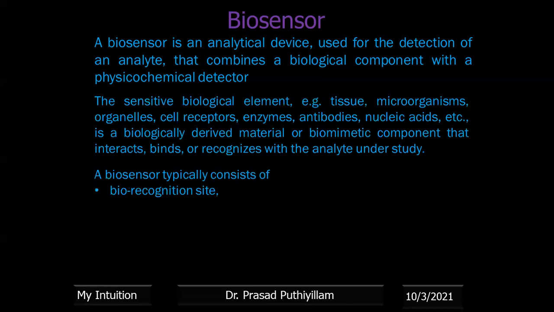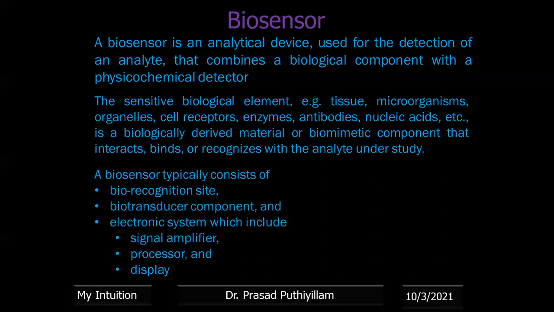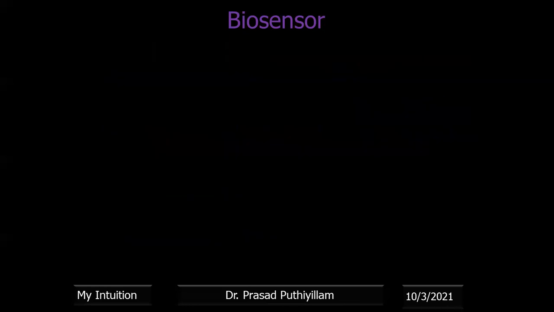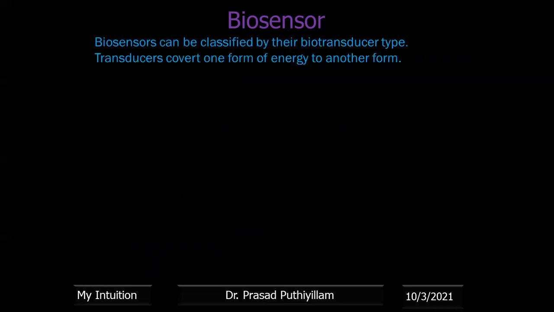It typically consists of the sensor and its instrumentation. I'm not going into detail about the instrumentation, just discussing fundamentals here. It consists of a biorecognition site, a biotransducer component, and an electronic system containing an amplifier, processor, as well as display. Based on the biotransducer type, a biosensor can be classified.